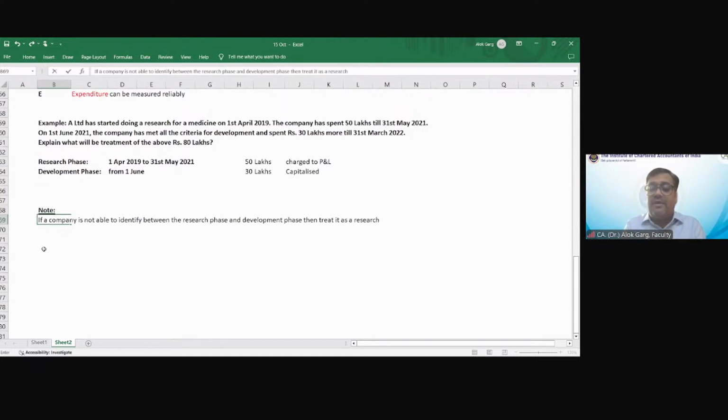Give the benefit of doubt to the research phase and charge the expenditure to the P&L. Okay. Important aspect.